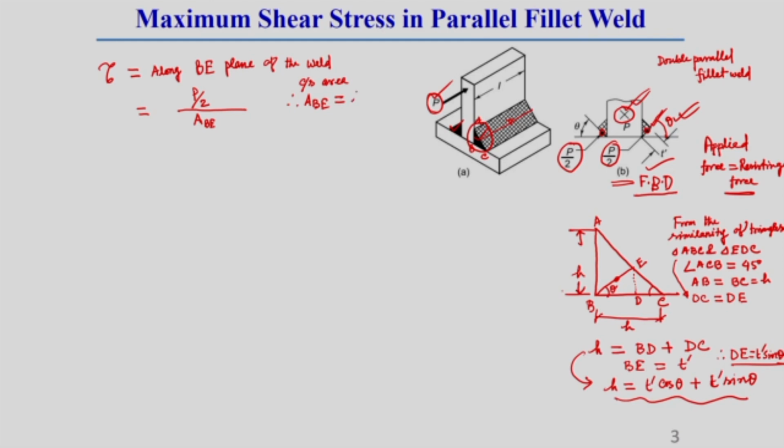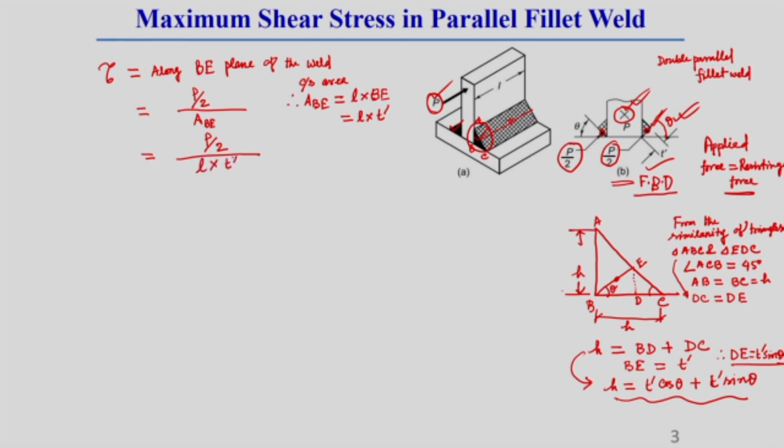We can write as length of the weld into T dash, thickness of this BE plane. That is, here you can write as L into BE, or you can say L into T dash. So, P by 2 divided by the cross sectional area, equal to P by 2 divided by L into T dash.